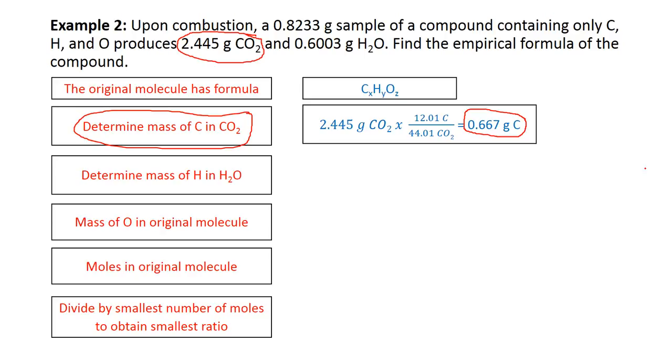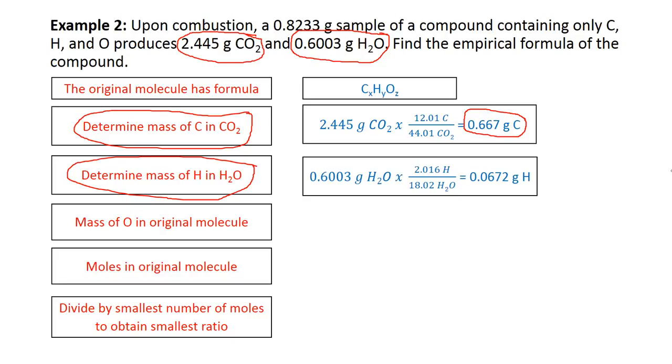We do the same thing with hydrogen, the hydrogen found in water. The same conversion factor like we used previously, but this is the mass where we are going to obtain the mass of hydrogen.